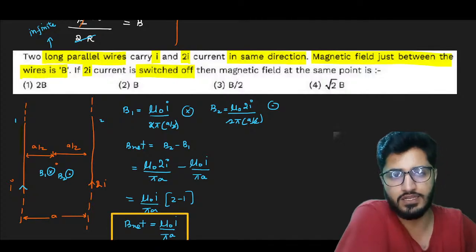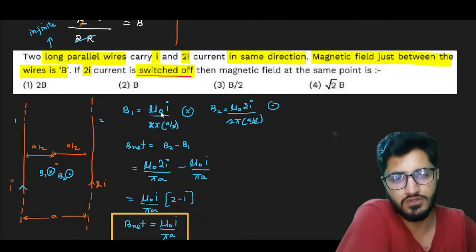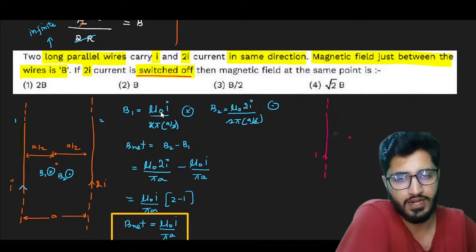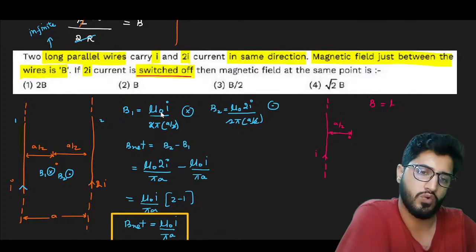Now in the second case, it's talking about the 2I current being switched off. That means we are only left with one wire. In wire first, current I is flowing, and we have distance A by 2 as per the requirement. So what is the magnetic field now? Sir, mu naught I divided by 2 pi A by 2.